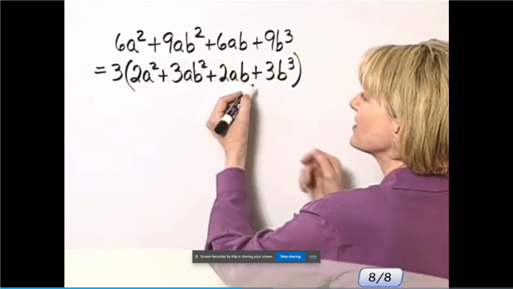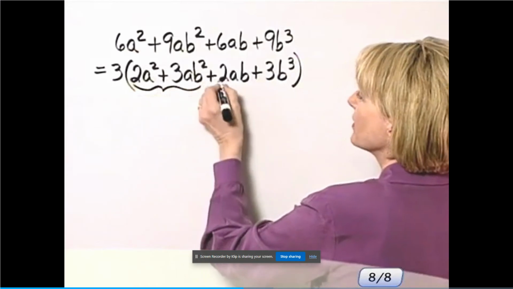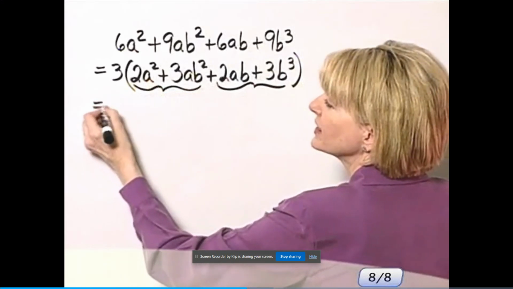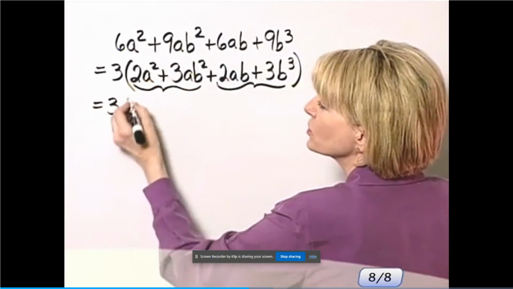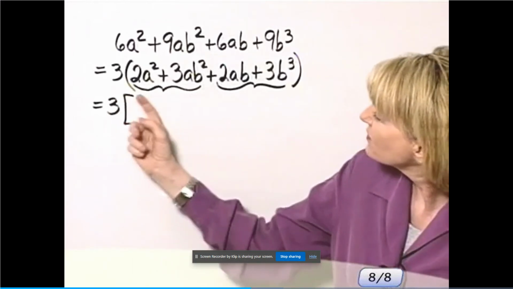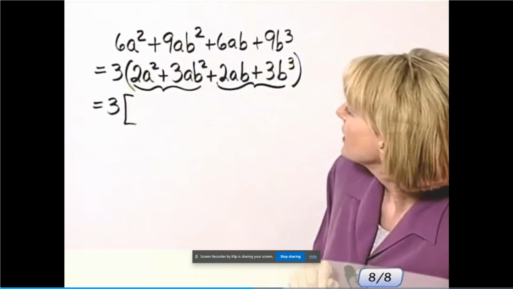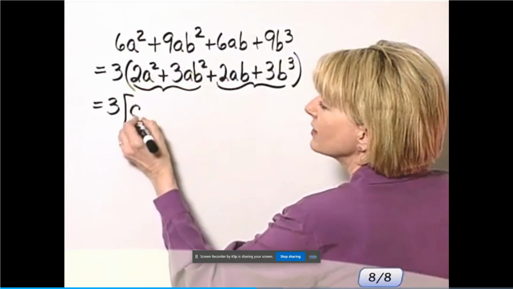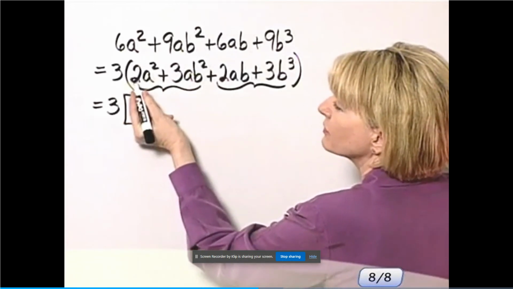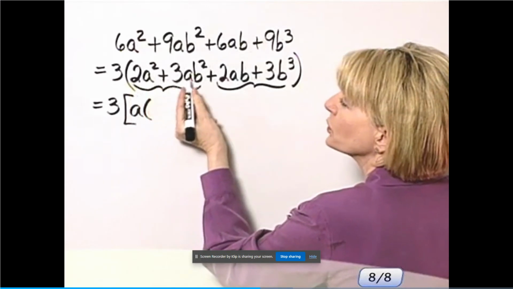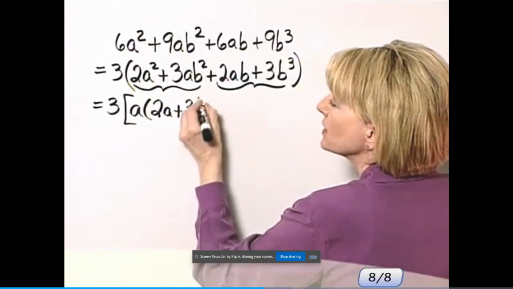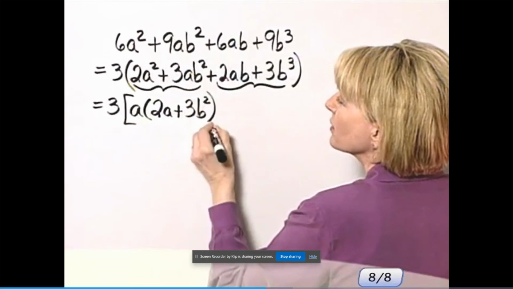Now let's concentrate on this four-term polynomial by breaking it into two groups of 2. Is there a common factor in this first group? The answer is yes, there's a common factor of a. And when I factor it out, I'll have 2a plus 3b squared.